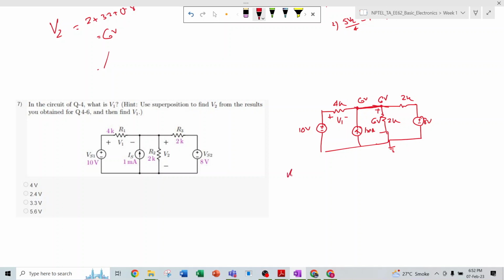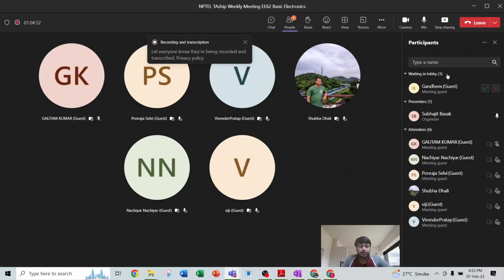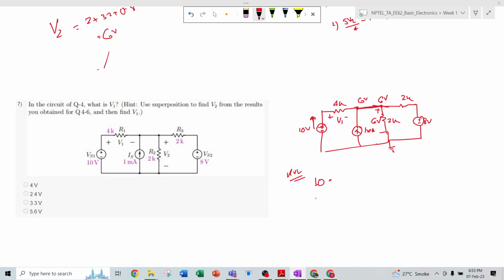So you should apply KVL. So 10 volt minus, because if we are moving from this side to this side, if we consider this as plus, that is the 10 volt. Due to this 10 volt the current will flow in this side, and due to V1 the current will flow in the opposite side, so it is opposing.